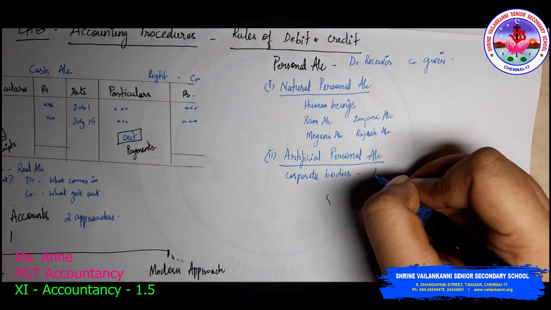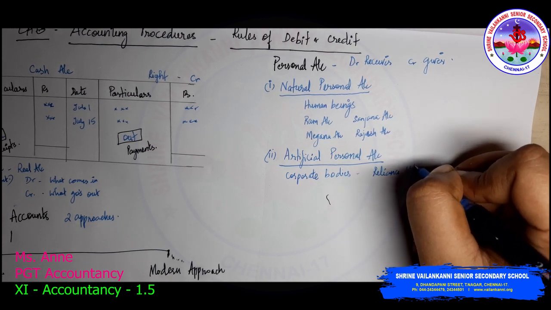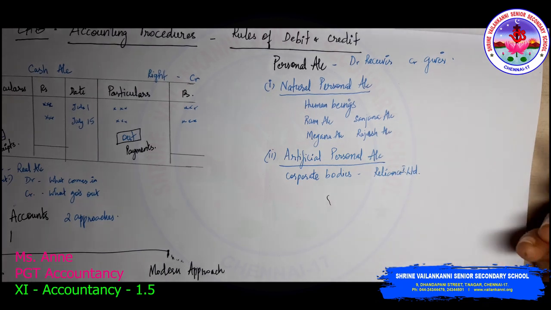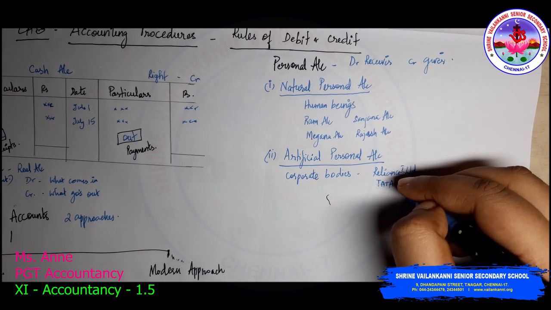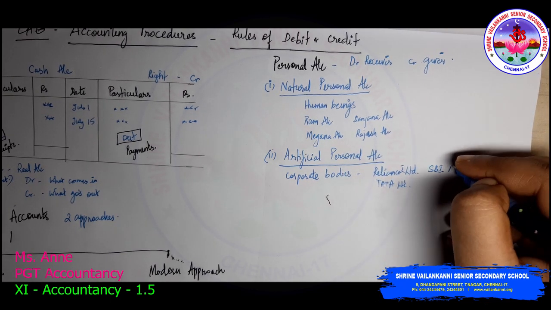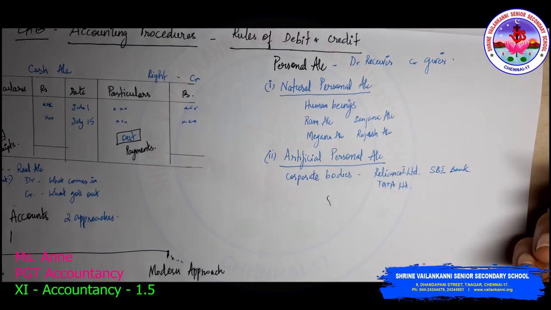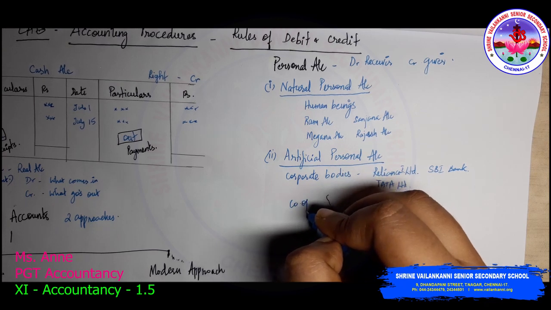Say for example, Reliance Industries Limited, Tata Limited, or SBI Bank, or some other cooperative society.